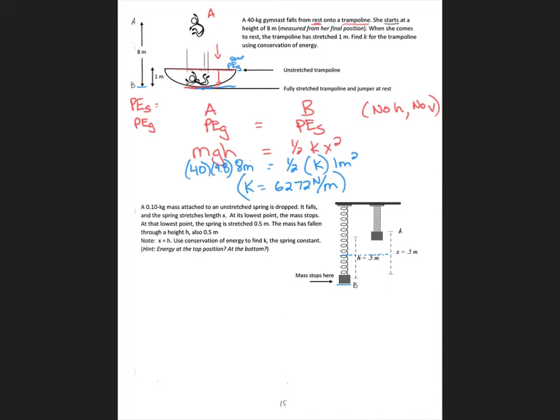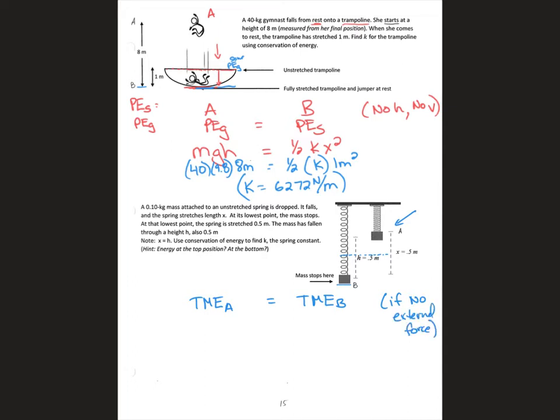So let's use conservation of energy to find the K of this spring. What kind of energy do you have at position A? You know that the total mechanical energy at position A has to be equal to the total mechanical energy at position B if there are no external forces, right?